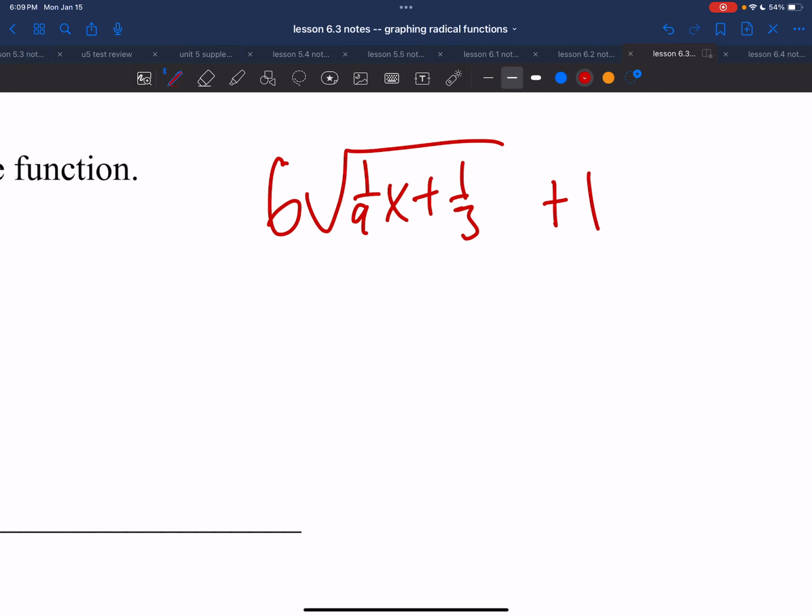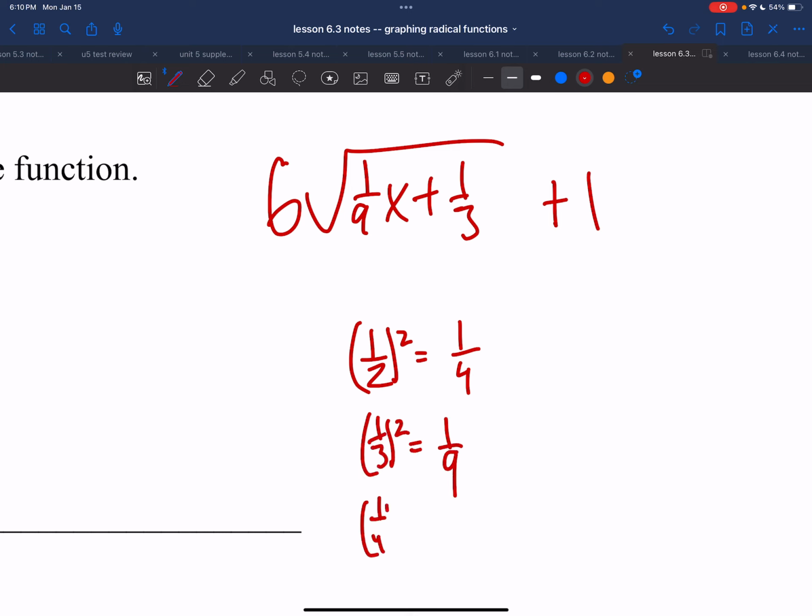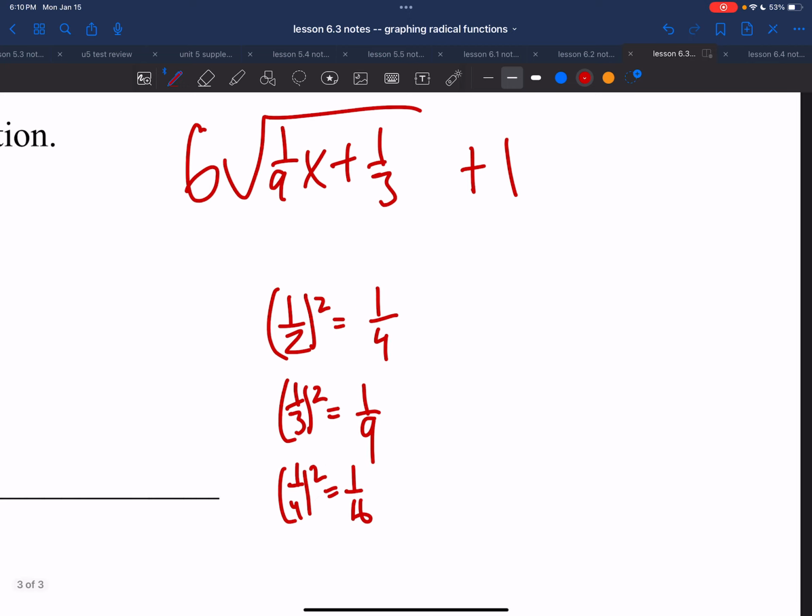Well, you're still going to use factoring, and notice 1/9. You know your perfect squares. 1 squared is 1, 2 squared is 4, 3 squared is 9. Do you know them as reciprocals? 1/2 squared is a fourth. 1/3 squared is 1/9. 1/4 squared is 1/16. So these are our reciprocal squares.